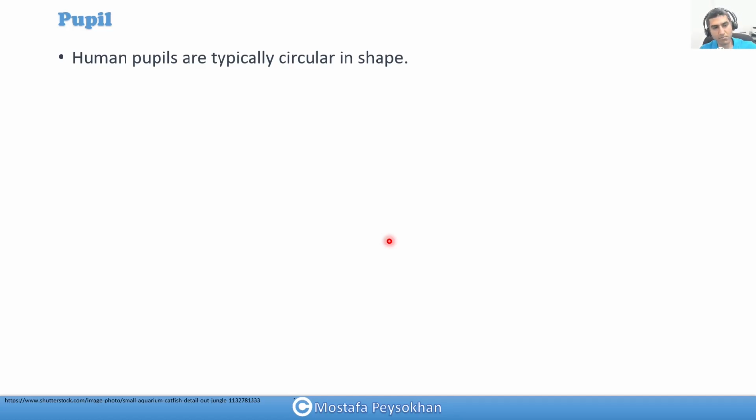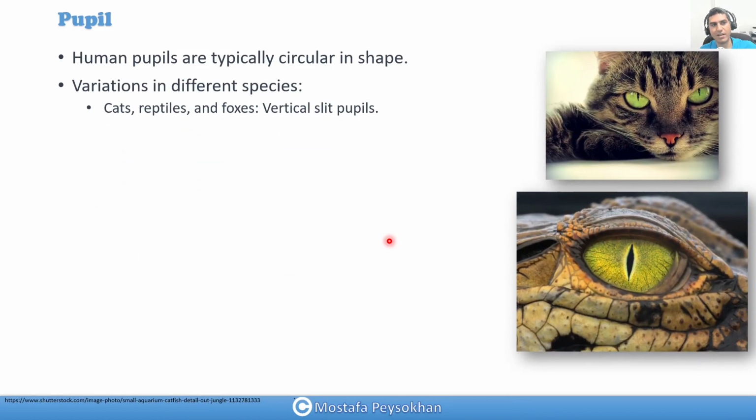But for some other animals like cats and reptiles, it is completely vertical, and I read a paper about it. The reason is that cats want to hunt other animals, and when the pupil is vertical, they can get a better estimation of the distance to the thing that they want to hunt.